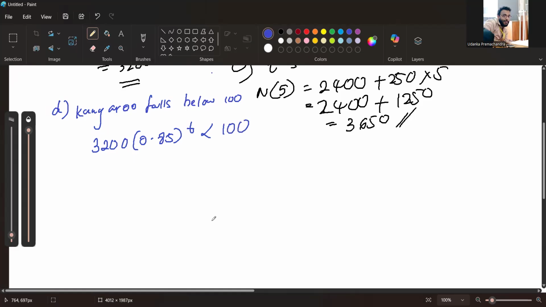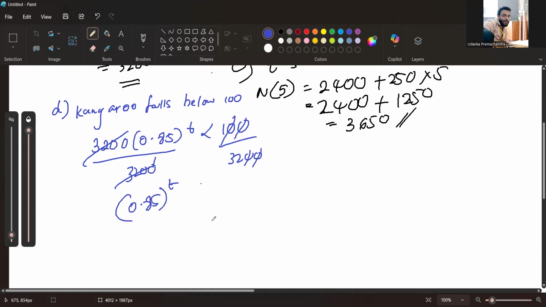Now simplify. Divide both sides by 3,200. The two zeros cancel. So 0.85 to the power T is below 1 over 32. You can simplify 1 over 32.